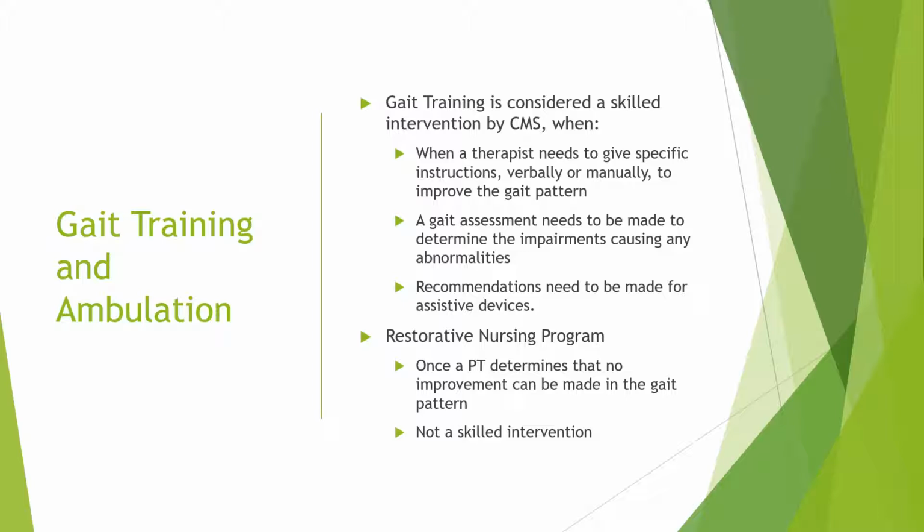So each facility has their own way of doing this, or maybe they have recreational therapists that help with this kind of thing. But if it's not a skilled intervention, Medicare is not going to be paying for it any longer. If it is something that is skilled, we need to make sure that we're documenting appropriately such that Medicare will pay for it.